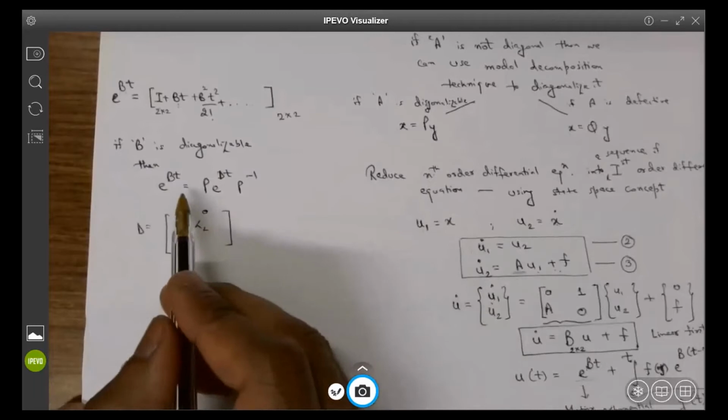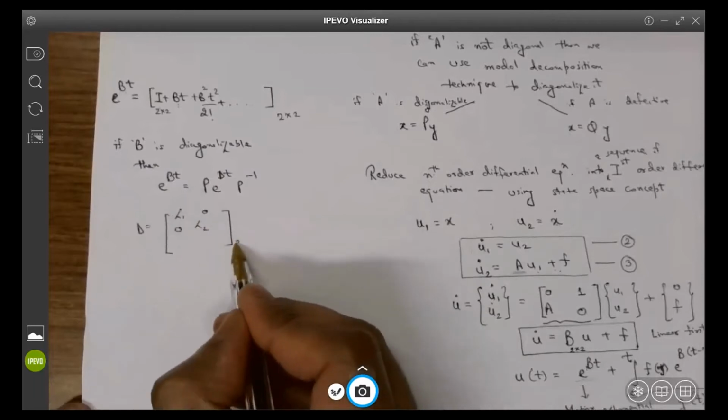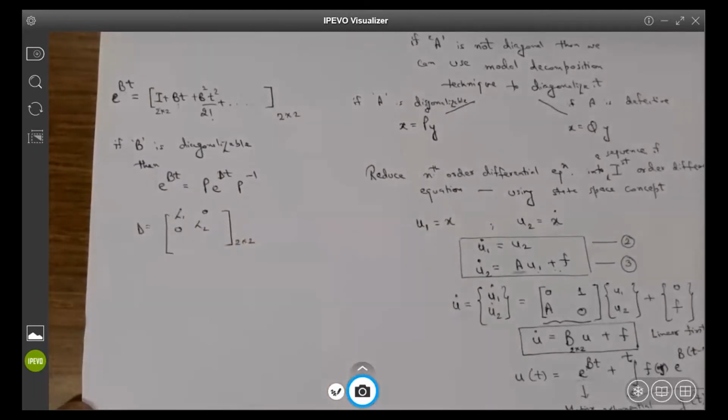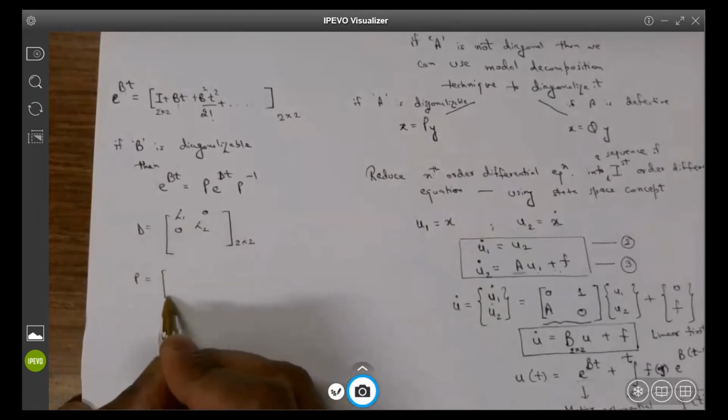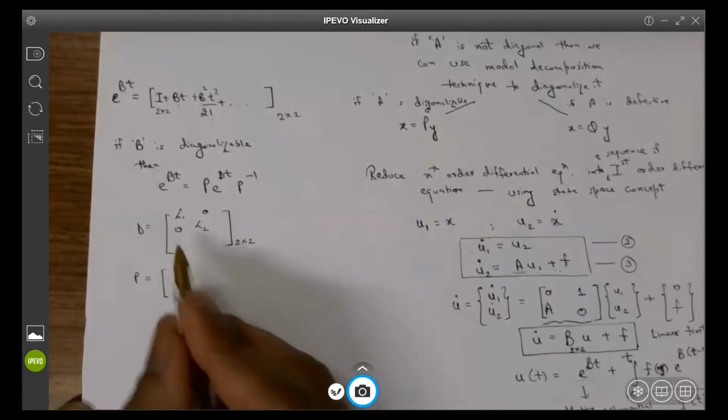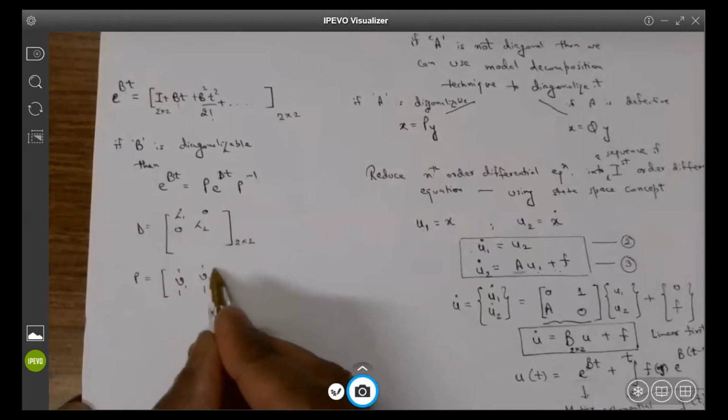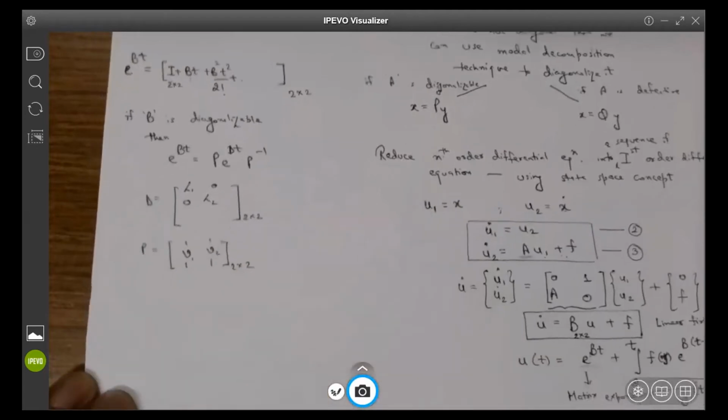Since it is 2 by 2, I'm just considering it as 2 by 2. And P is constructed from the eigenvector corresponding to lambda 1 and the eigenvector corresponding to lambda 2. Again, it will be a 2 by 2 matrix.